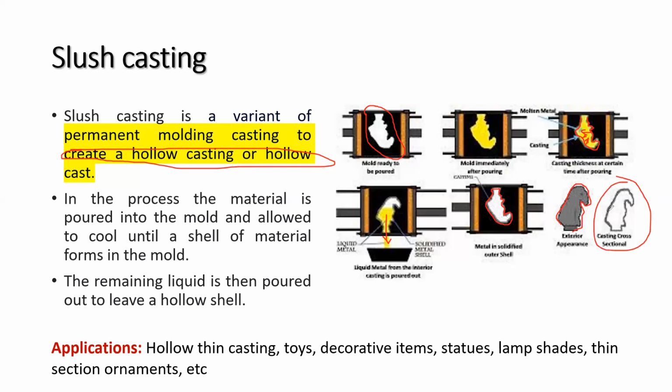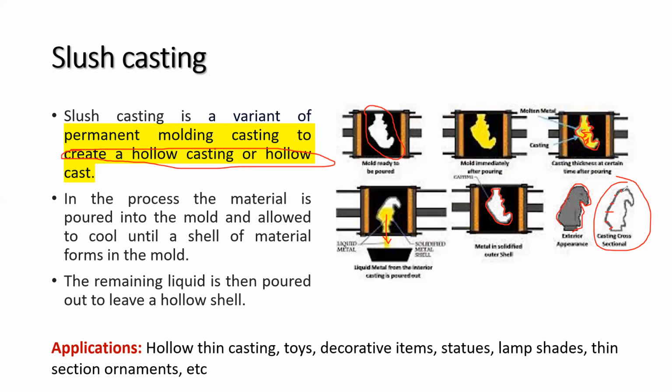Here you can see it is not a solid thing, and this particular casting has a very minimum thickness. If you want to increase the thickness, the solidification time should be longer. If you keep the molten metal inside the mold for a longer period of time, you will get a higher thickness.